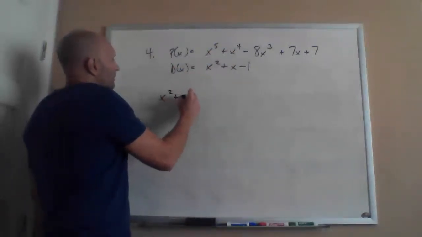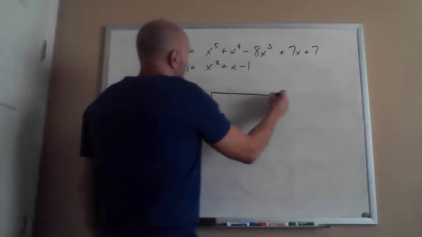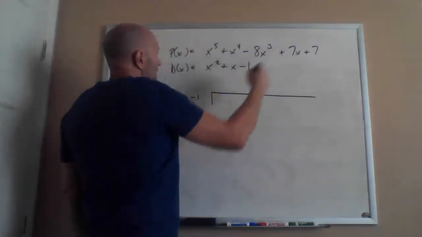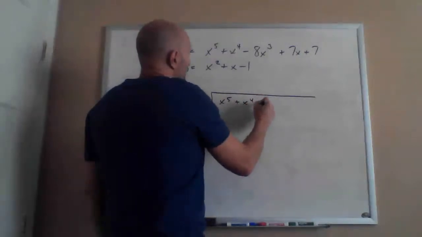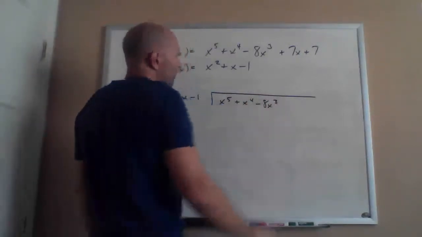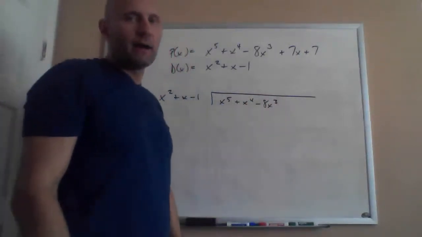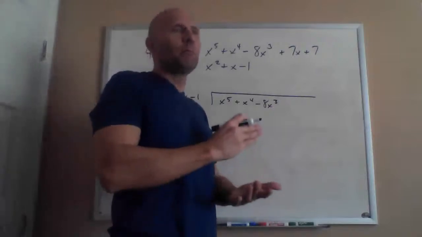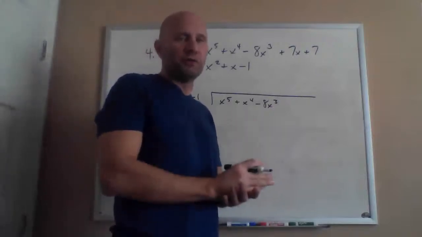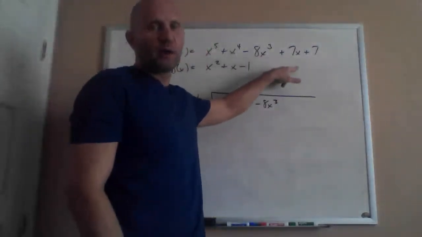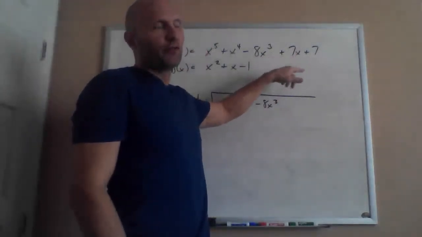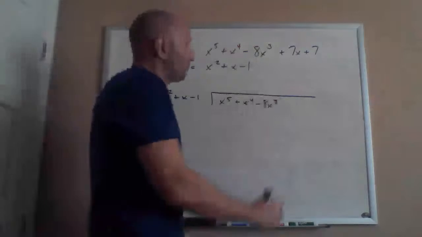So we have x squared plus x minus 1 on the outside. And inside, we have x to the 5th plus x to the 4th minus 8x to the 3rd. Now, again, when we're doing polynomial division, if we are missing a term, we're missing x squared here, we have to put in a placeholder.